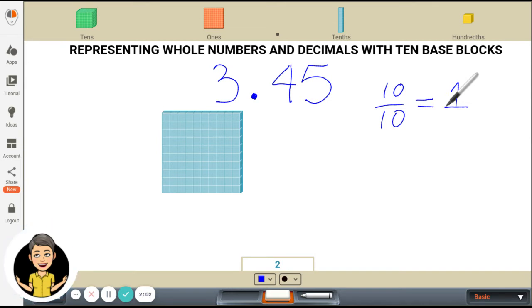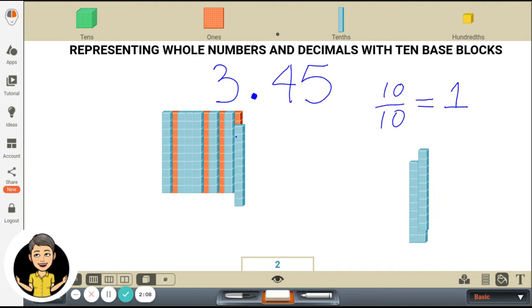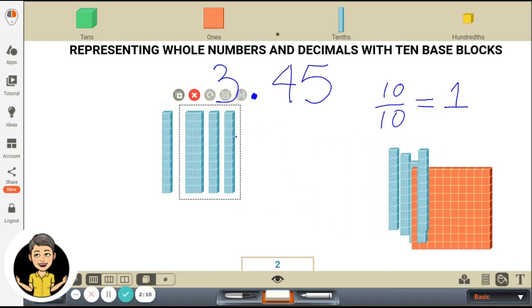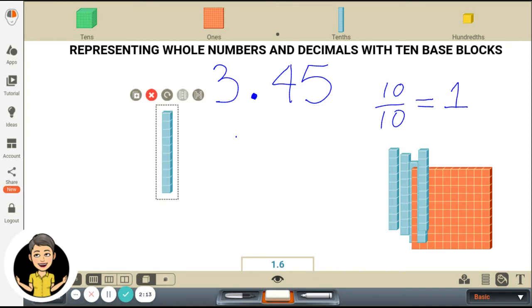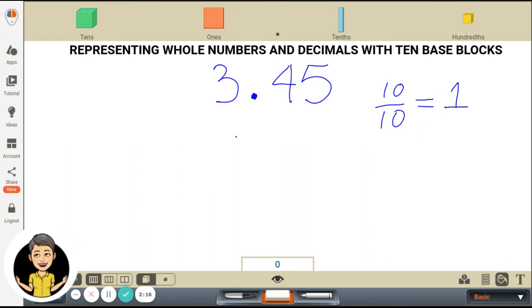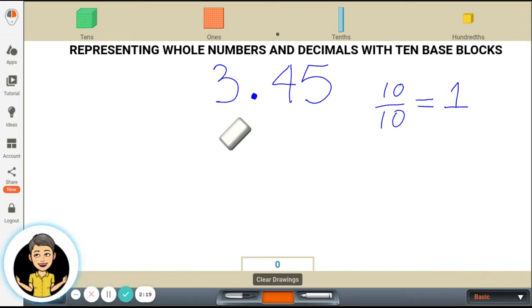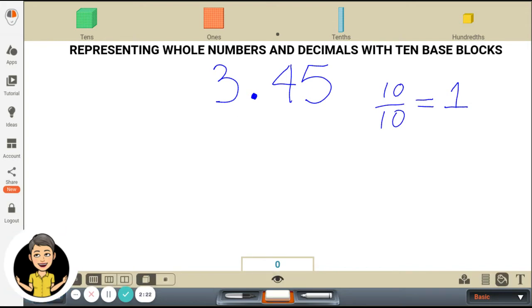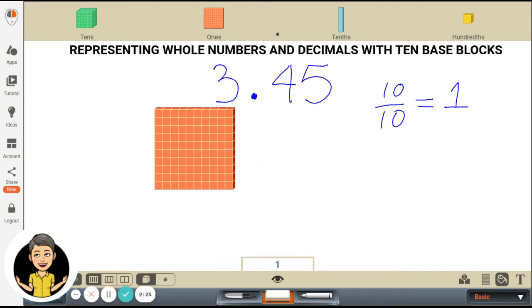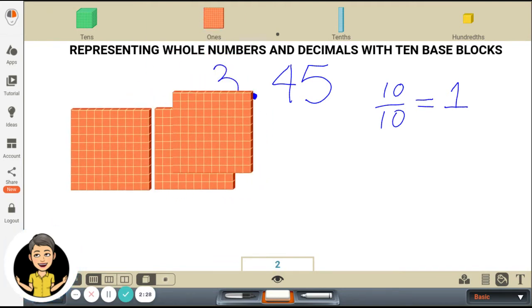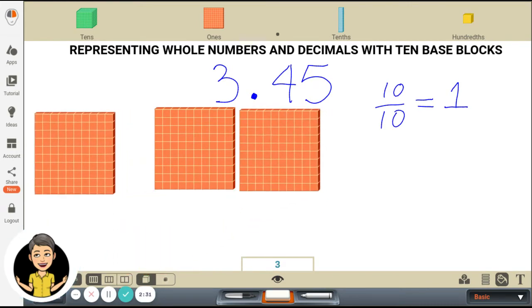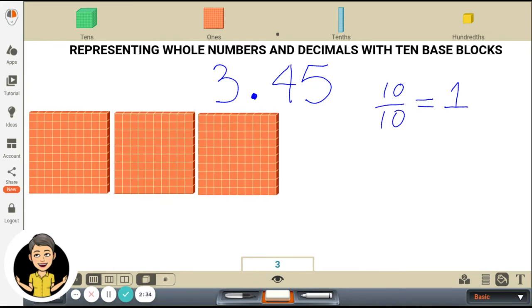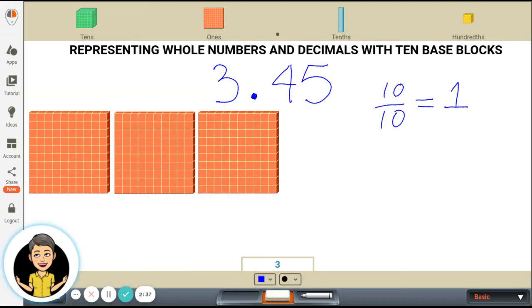Now we need to have 3 wholes. Let me just erase this. Okay. So we need to represent 3 wholes, and we're going to use these squares to represent whole numbers. We have 3 wholes. And then we have the decimal point, and to the right, we're going to represent the decimals.